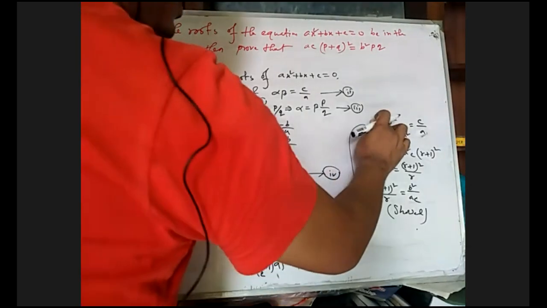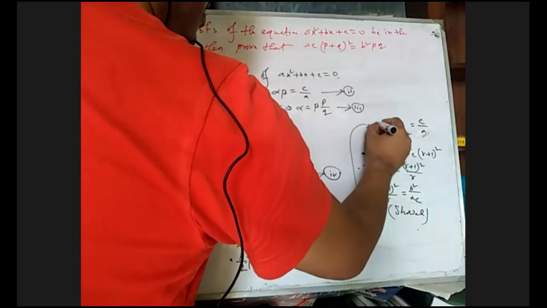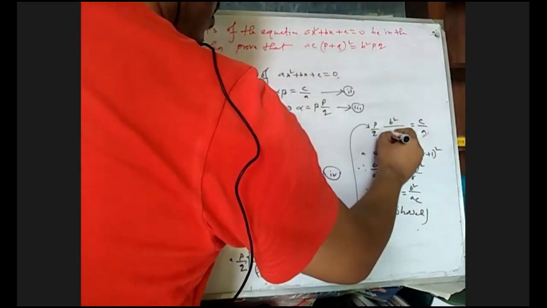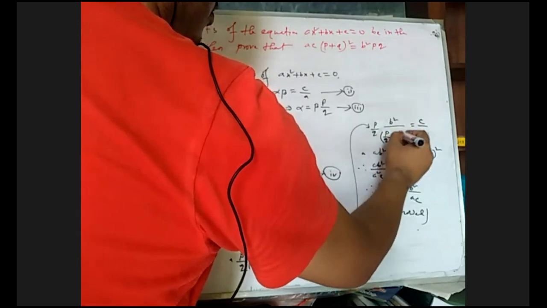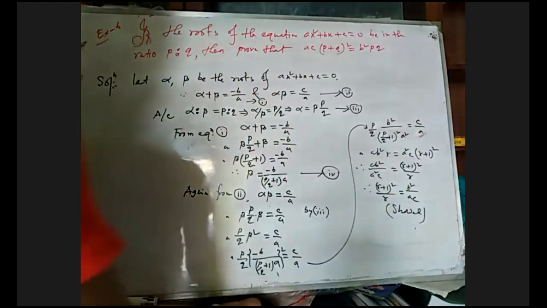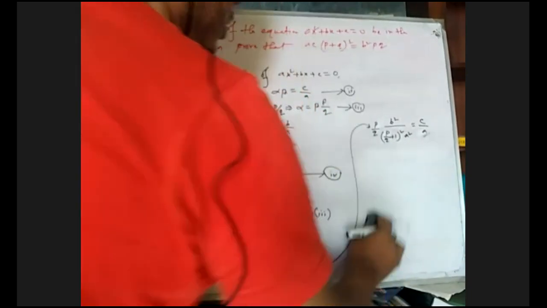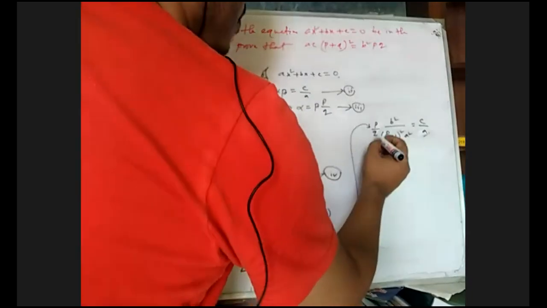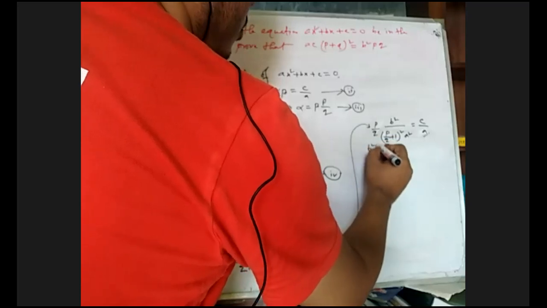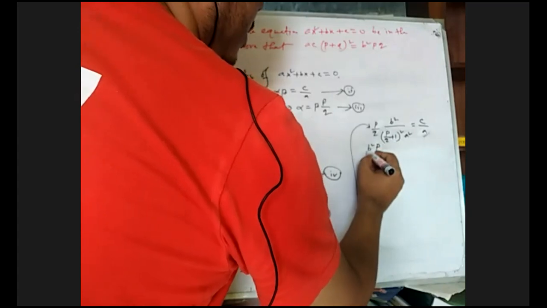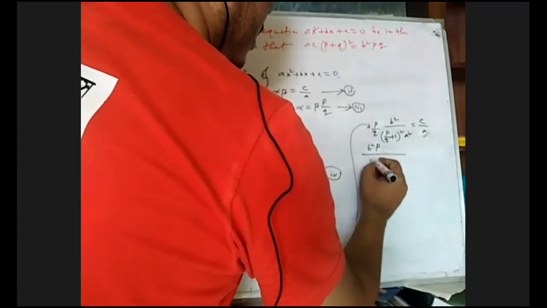That means we get p by q, and this is also p by q. Okay, so from this line actually we get b square p divided by q.